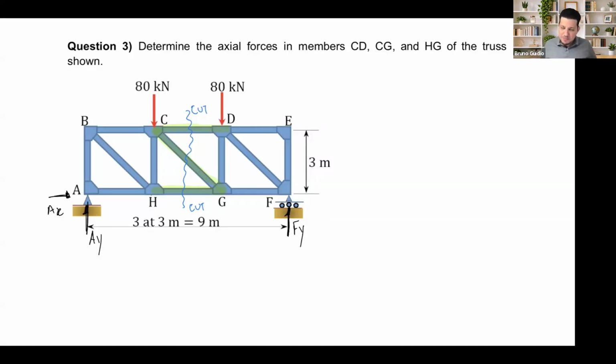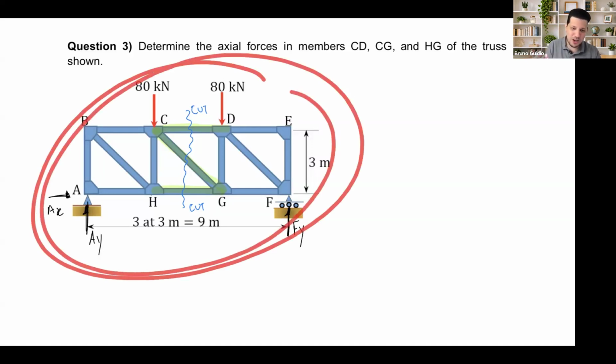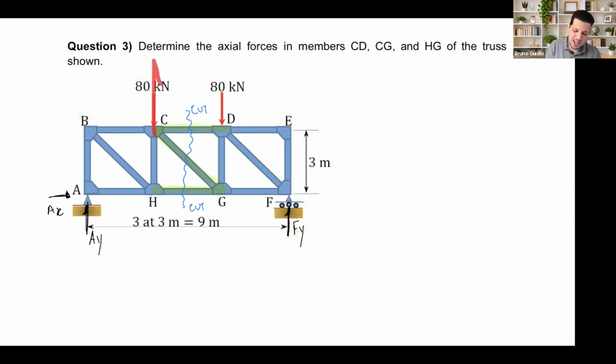Before I solve, let me mention that this is a very symmetric truss. The distances are the same, 3 meters, 3 meters, 3 meters. Without doing any calculation, I know AY is going to be 80 and FY is going to be 80, because it's symmetric. But I will do the calculation here, so I just want to mention that to you.